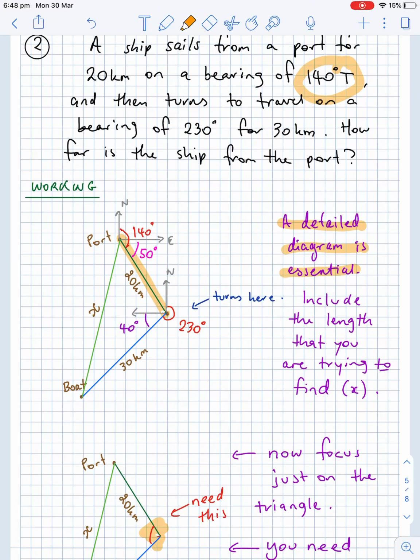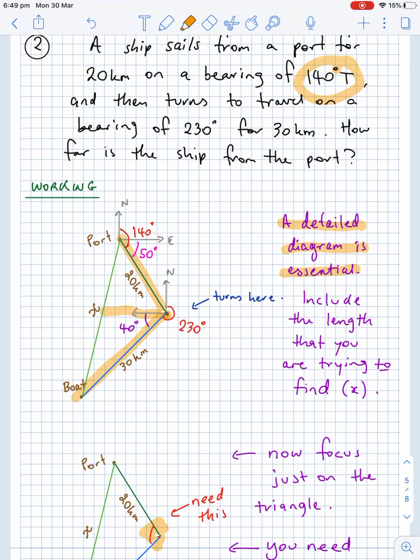But notice I'm also wanting to put in some of these northern and western directions, because I'm always wanting to put the northern line in, and we're on the western side here, so I put in the western line as well. Because this bearing is 230, we've got to think to ourselves, starting from north and going all the way around, that's 230 degrees.